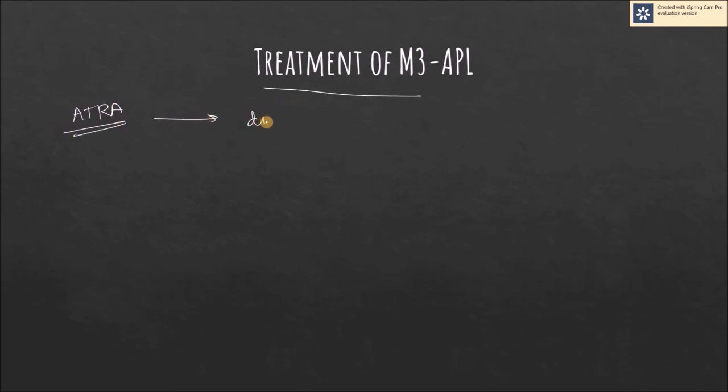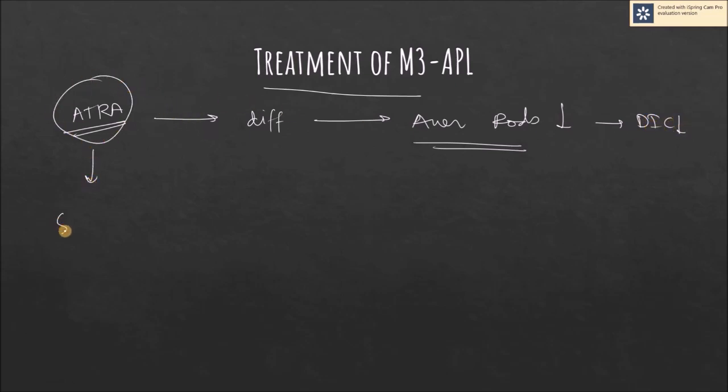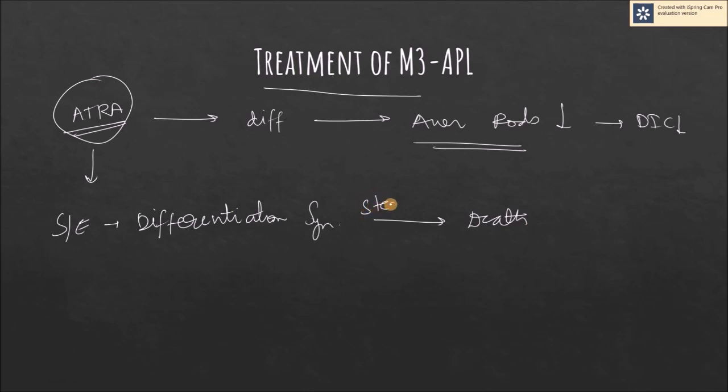This causes differentiation of cells, so Auer rods are reduced and DIC is also reduced. But the side effect is, since it is causing differentiation, it can lead to differentiation syndrome, which can lead to death in these patients. So we give steroids for prevention.